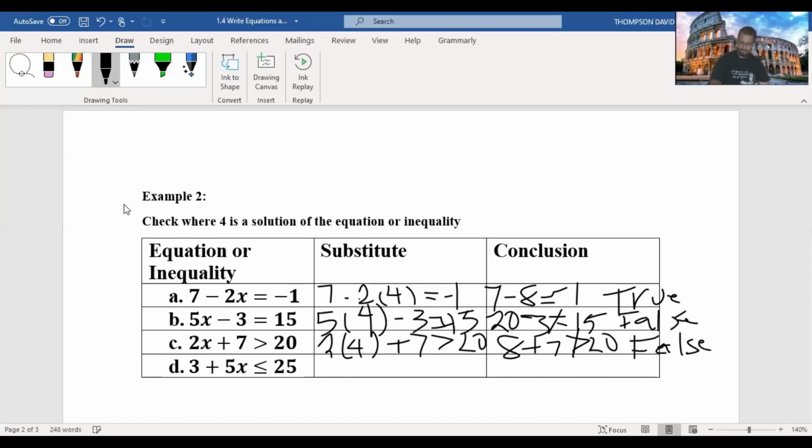Then we try the last one. 3 plus 5 times 4 is less than or equal to 25. 5 times 4 is 20, and 3 plus 20 is 23. And 23 is less than 25, so that is true. And we are done with example 2.